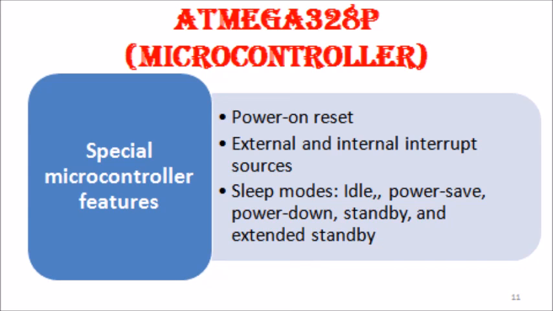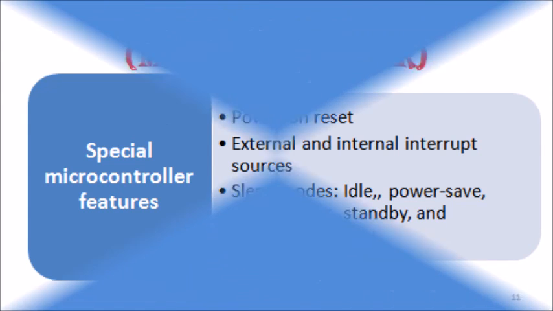It is very similar to a PC or laptop. If you are not using it for a long time, automatically it goes into sleep mode. Similarly, in this microcontroller, there is a sleep mode feature. So this is all about the introduction of the Arduino Uno board.